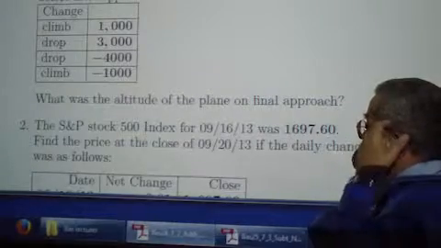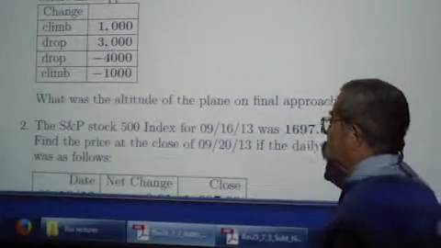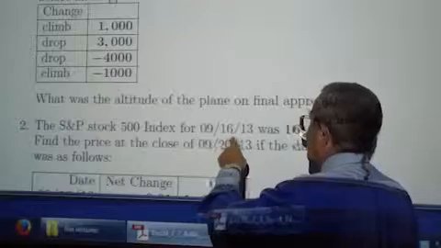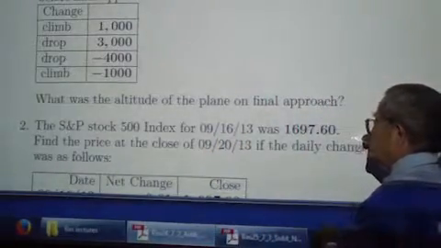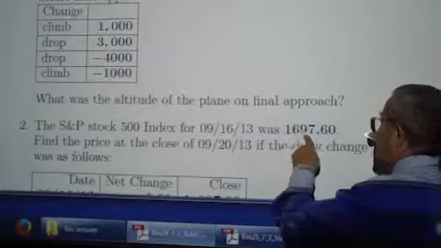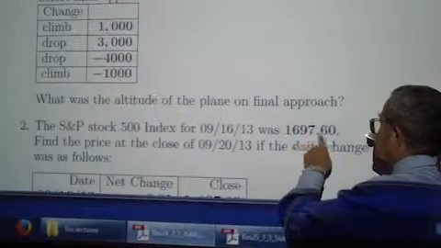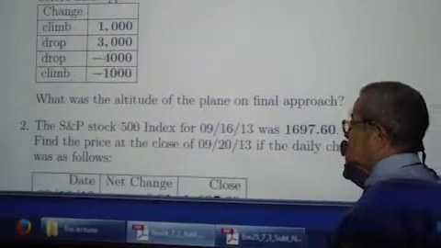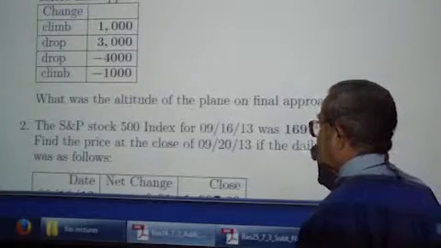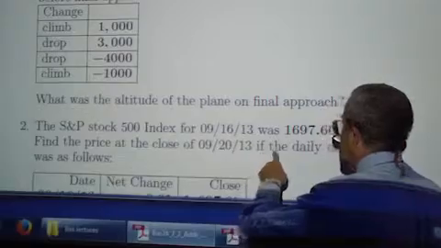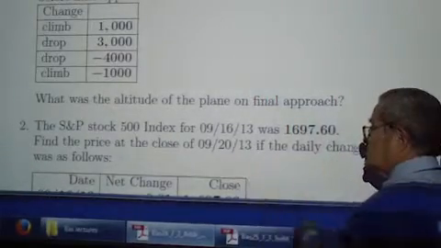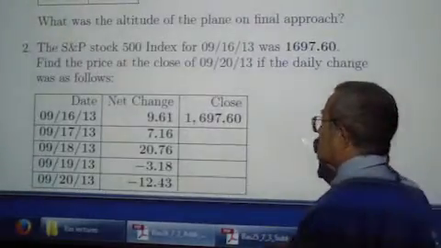Second question. The Standard & Poor's 500 index on 9/16 of the year 2013 was $1,697.60. Find the price at the close 4 days later, if the daily change is as follows.